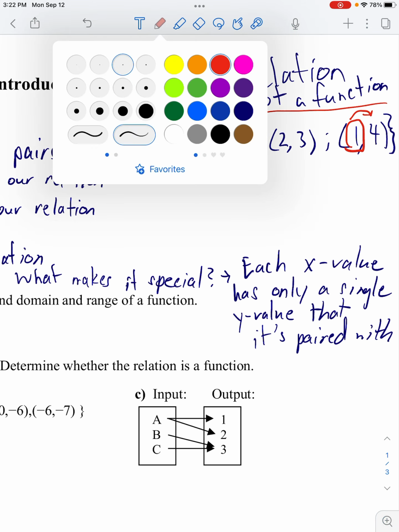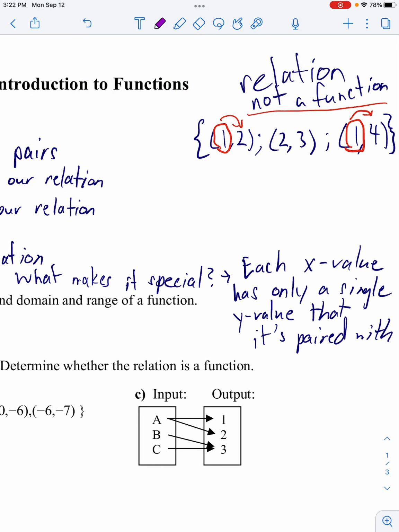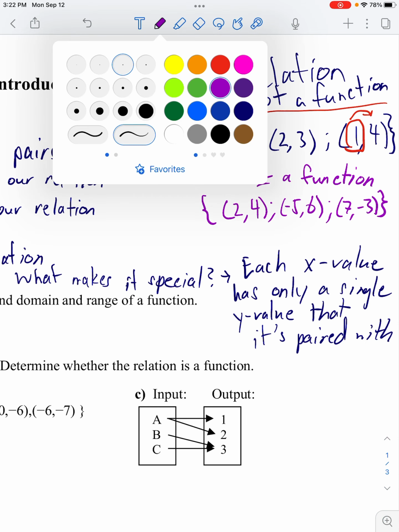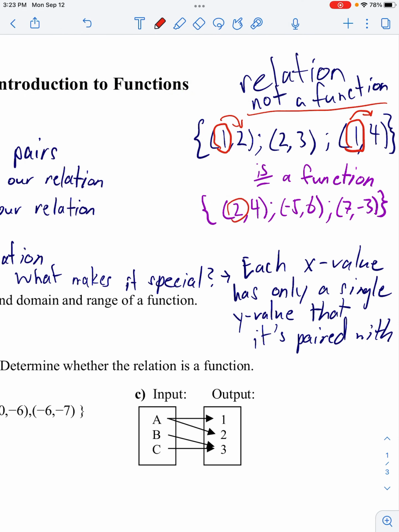Let me give you an example of one that is a function, okay? So if I give you (2, 4), (-5, 6), (7, 3), and (-3, ...). Notice here, each of our x values appear only one time.